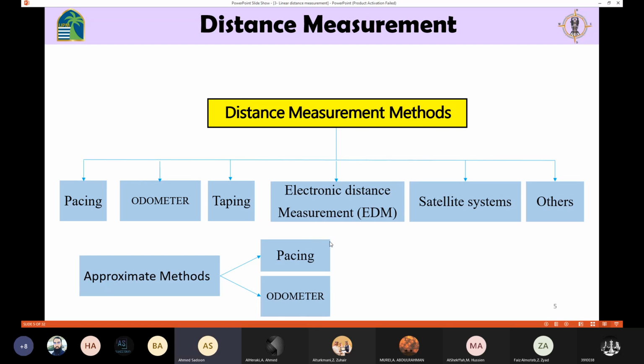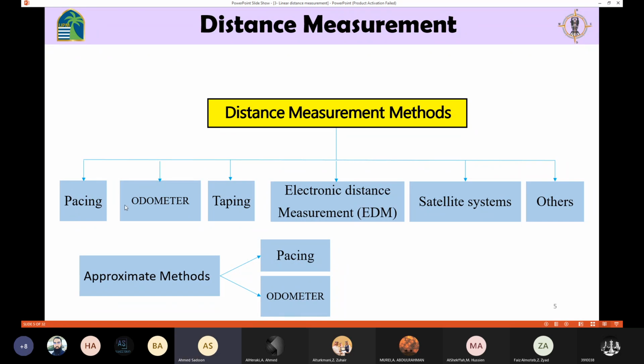So we have a variety of methods for distance measurement. We have pacing, the odometer, taping, electronic distance measurement, the satellite system, and also other types. Those are the main ways to measure distances.